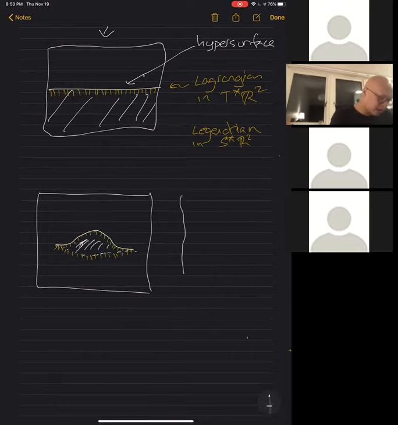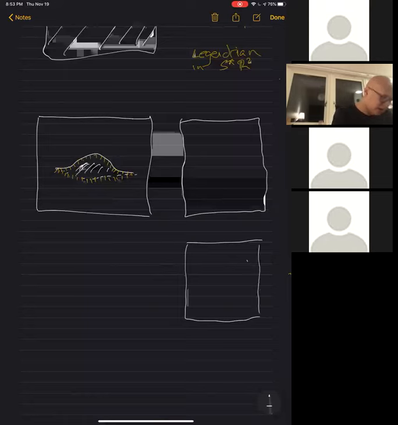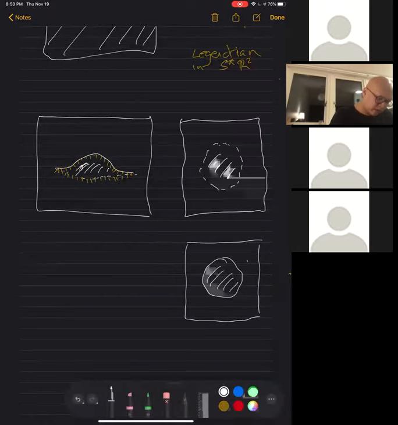Actually, it's worth giving 2 other examples to contrast and compare this with. I could have the constant sheaf inside the circle, up to but not including its boundary, or the constant sheaf on the circle up to and including its boundary.